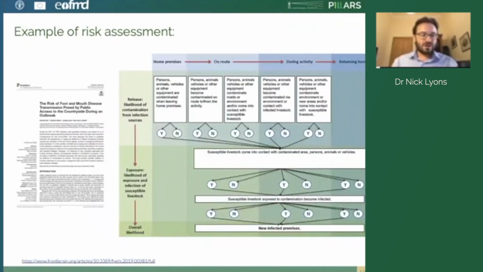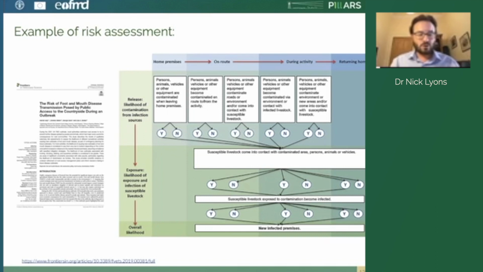So here on the screen, and there's the link at the bottom here, is an example of a risk assessment that's been published and is openly available. This risk assessment is to do with members of the public having access to the countryside during an FMD outbreak. This is in the UK context, which is a free country for foot and mouth disease.